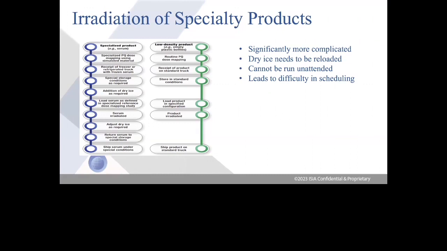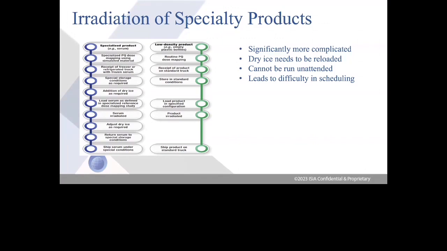Serum, on the other hand, has to be treated rather differently. The PQ dose mapping uses a simulated material. It does not use serum, just because of the nature of the product. The receipt of the material, which comes in a refrigerated truck with frozen serum, then has to go into a freezer to be stored until it's going to be irradiated.